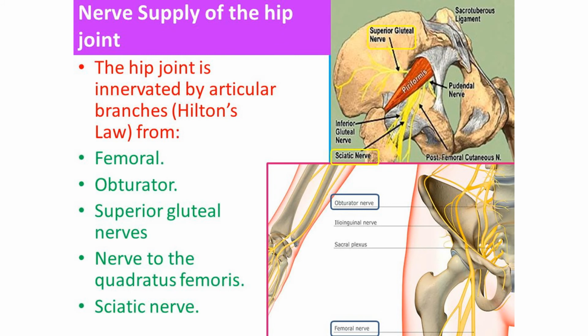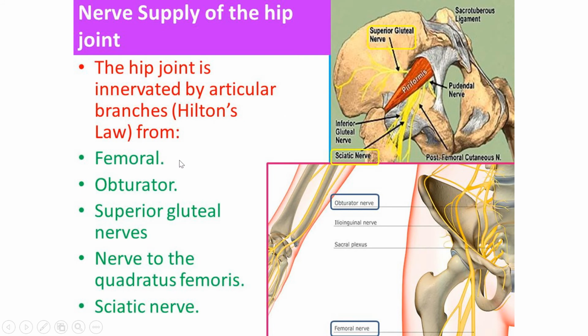We have already discussed that the movement at a joint is produced by the muscles. So Hilton's law states that whenever any muscle passes in front of that joint, the nerve supply of that muscle would also be supplying the joint as well.